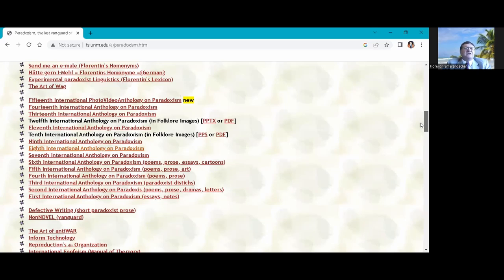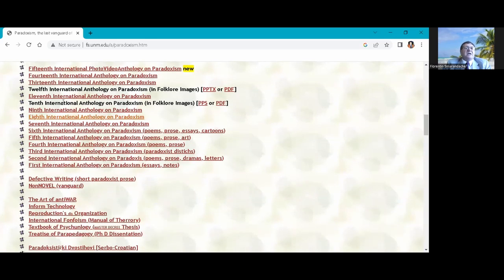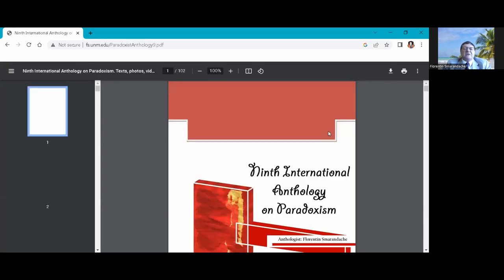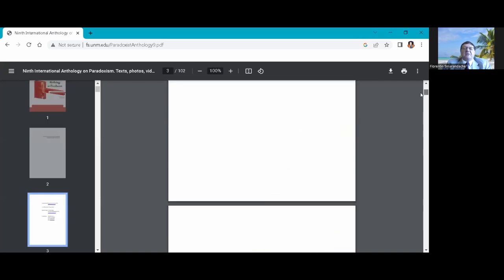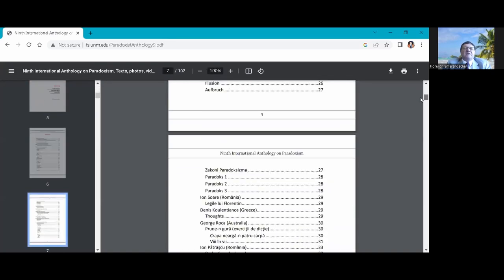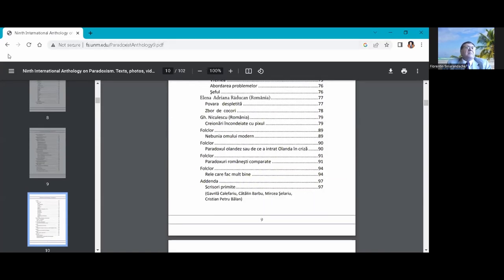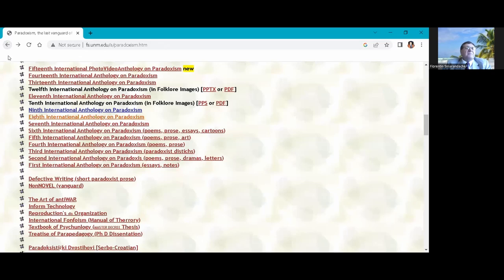And there are hundreds of researchers from tens of countries that contributed to such anthologies. See here one anthology, for example, and then we have many people from many countries contributing papers in many languages.